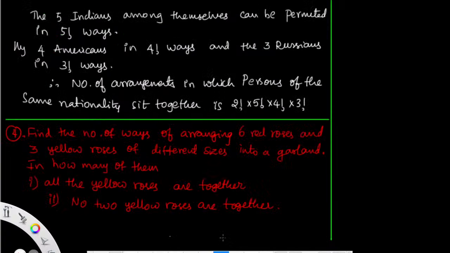And next, the 5 Indians among themselves can be permuted in 5 factorial internal arrangements, and the 4 Americans can be done in 4 factorial ways.